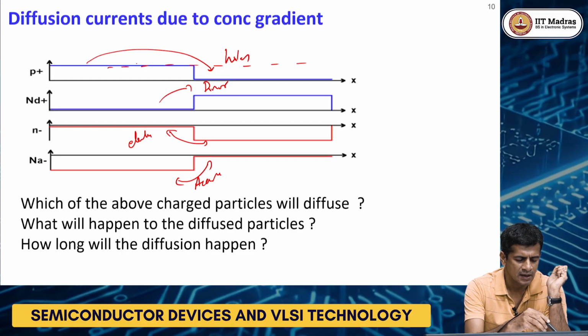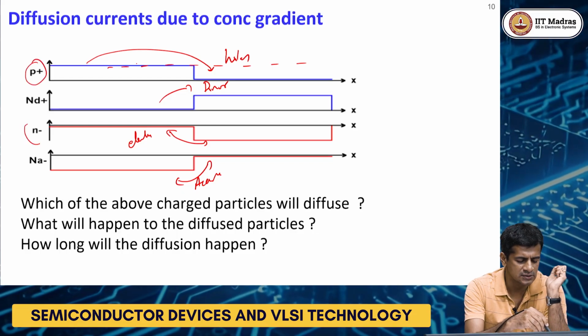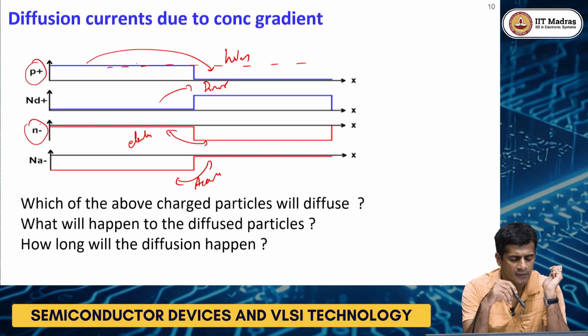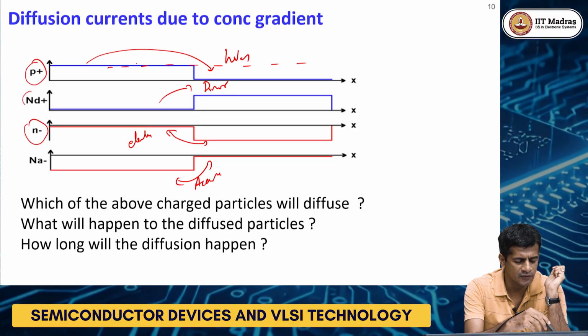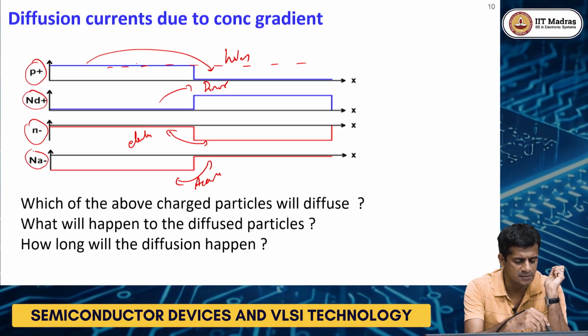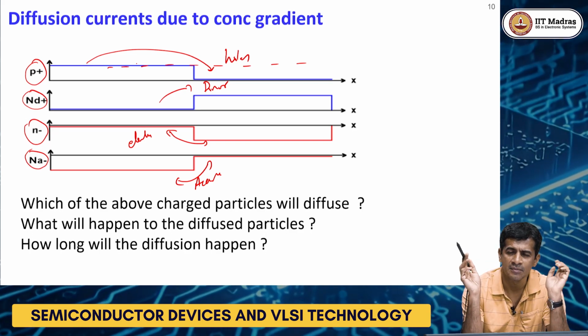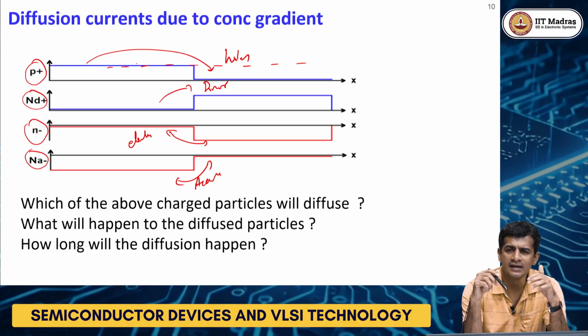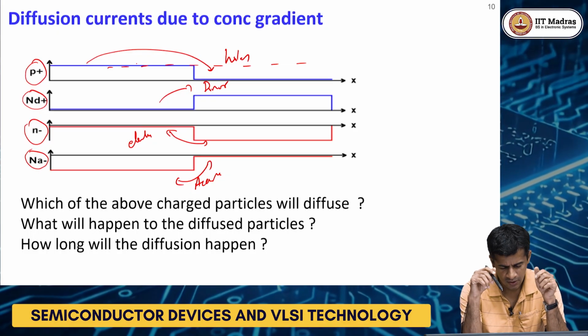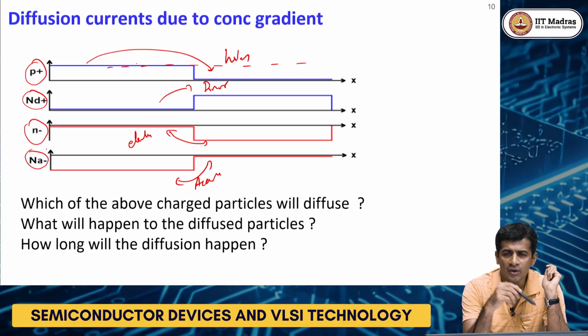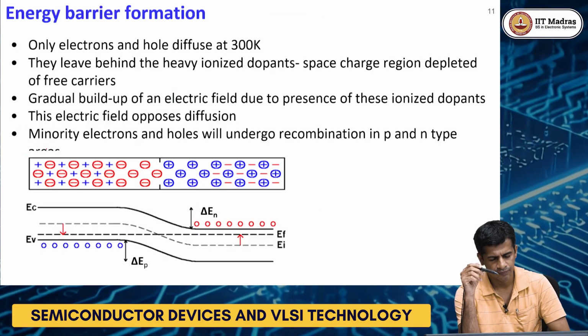So the electrons and holes will diffuse at room temperature. The diffusion coefficient of these ionized impurities is very, very small at room temperature. It may be high at higher temperature, but at room temperature we can ignore their diffusion. So only the electrons and holes will start diffusing.